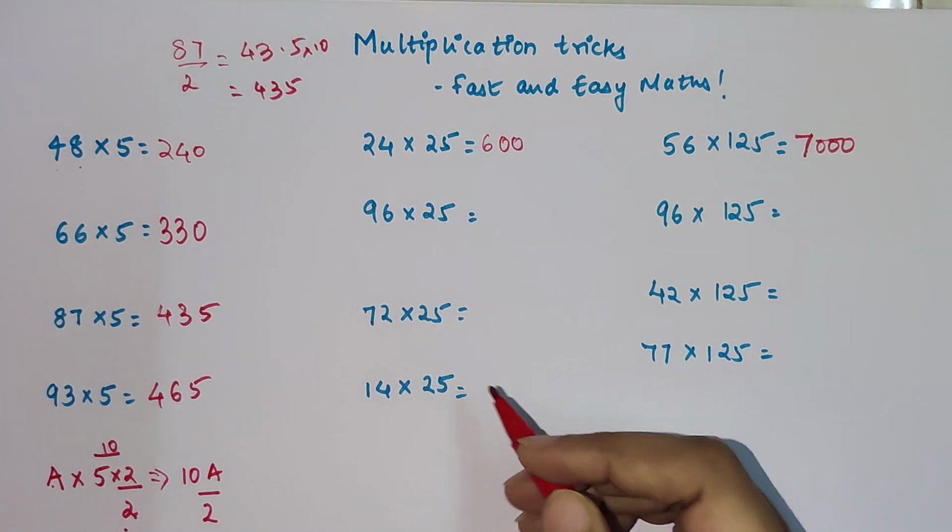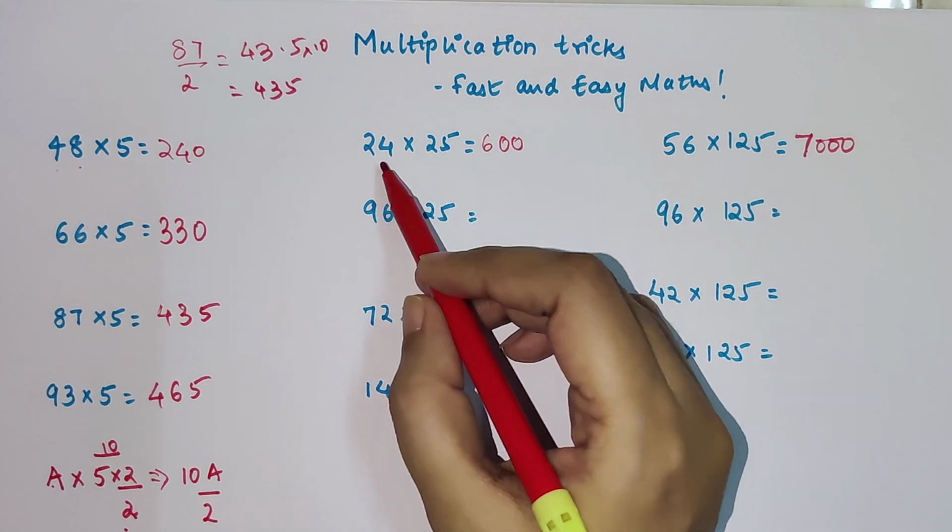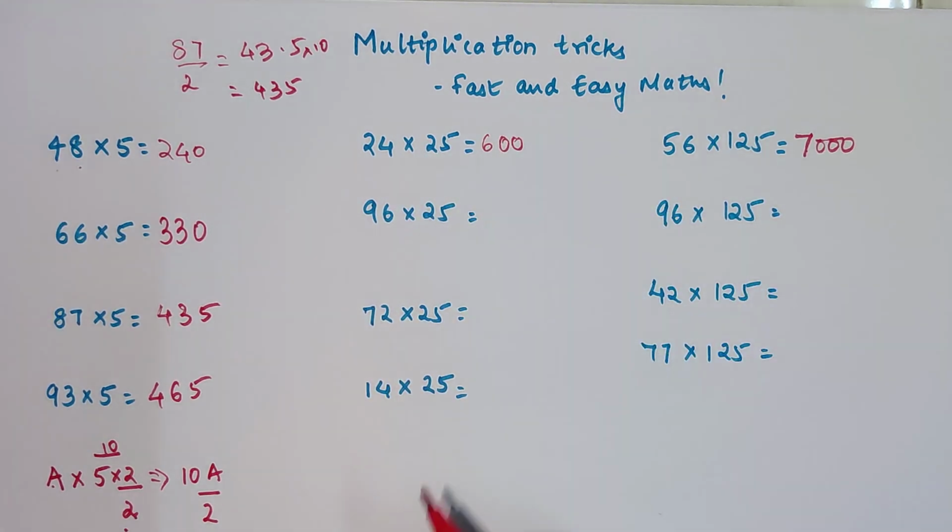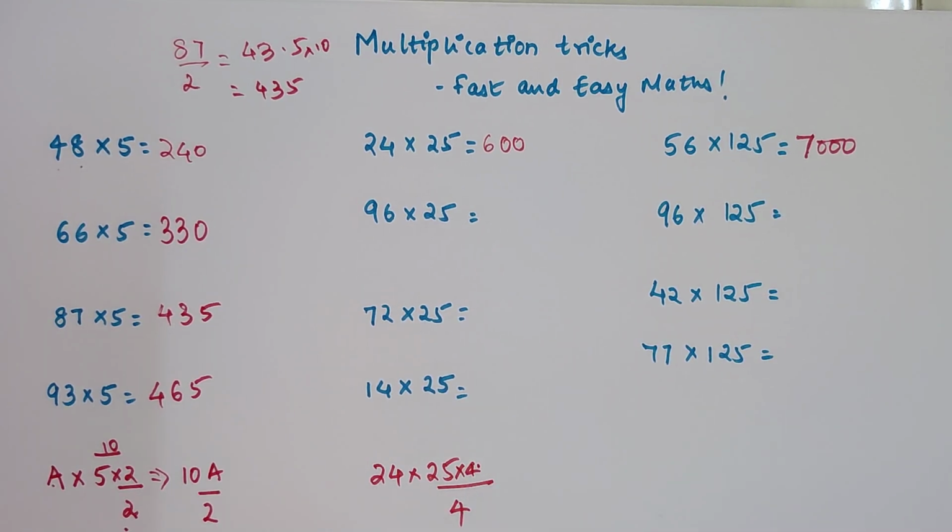So now over here, like I told you, 24 into 25 will get you 600. Now how? Here I can't convert 25 into 10, but I can very well convert it into 100 by multiplying it by 4, and I'll also divide it by 4. So instead of 24, if you had any number, you just divide that number by 4, and whatever answer you get, just add 2 zeros.